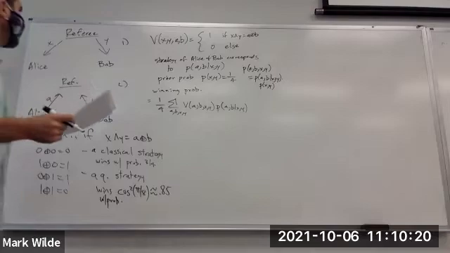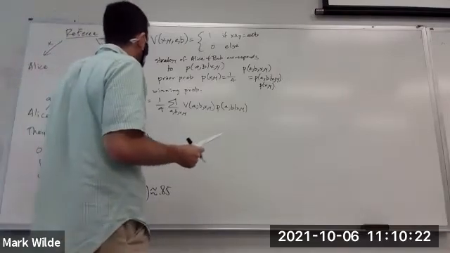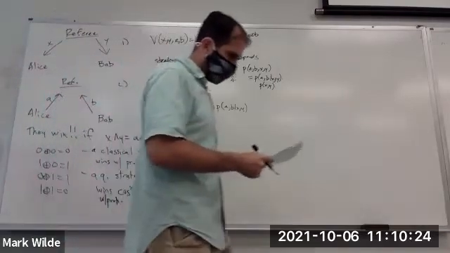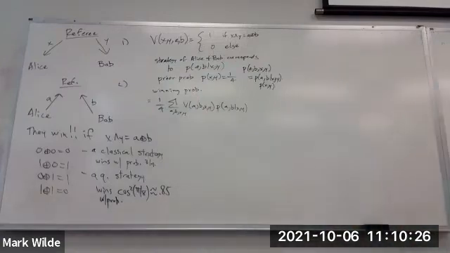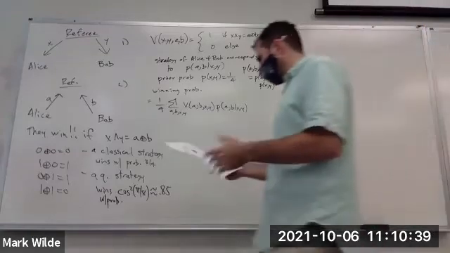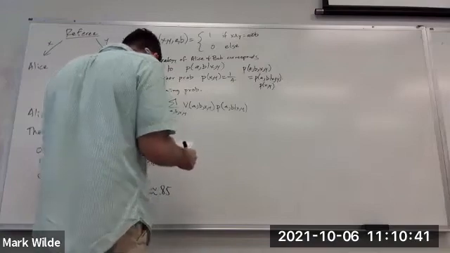Okay, so if they were using some shared randomness beforehand, that's what we call a hidden variable. In the physics literature, this term hidden variables is always called lambda. I believe Bell chose that.